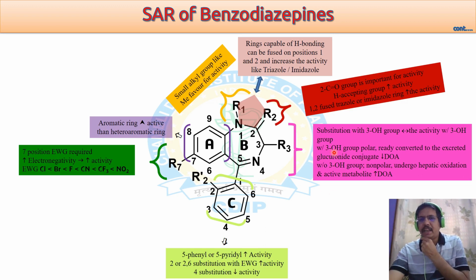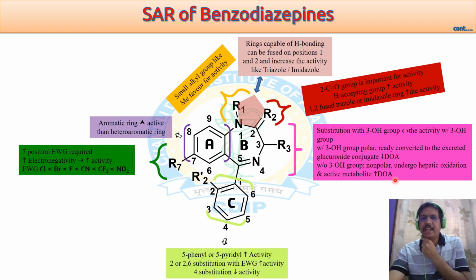With the 3-hydroxy group, being polar, it is readily converted to the excreted glucuronate conjugate, and definitely the duration of action is reduced, or the half-life decreases. Without the 3-hydroxy group, being non-polar, it undergoes hepatic oxidation and active metabolites are obtained, and due to that the duration of action increases.